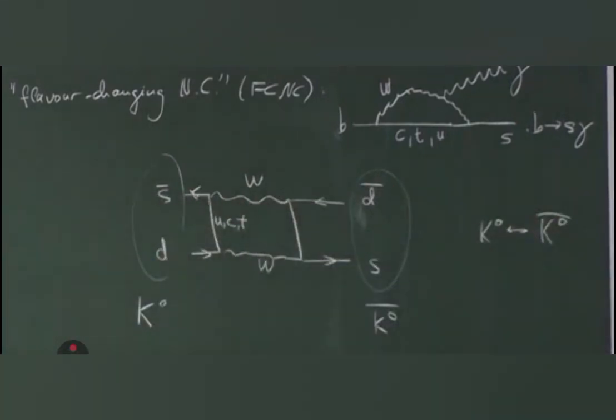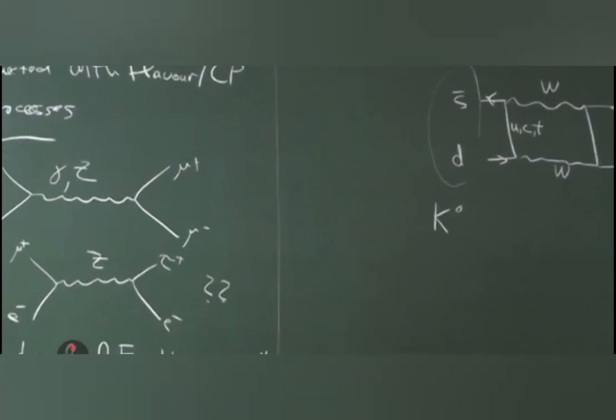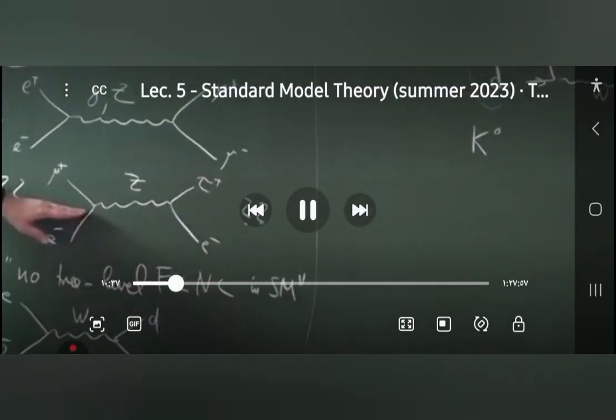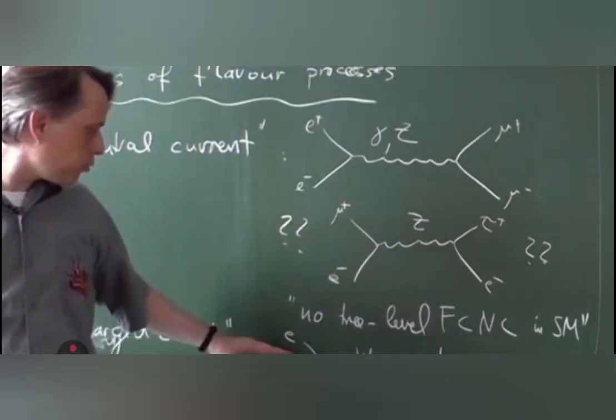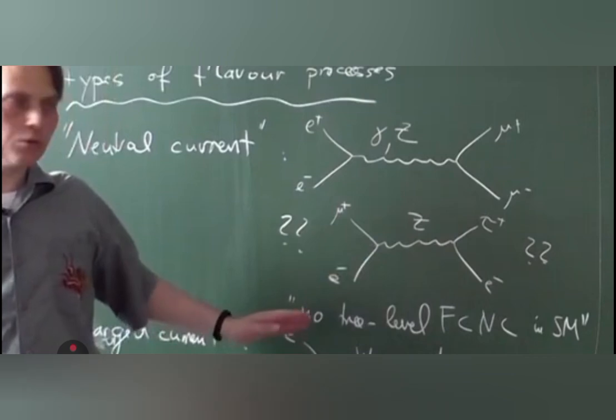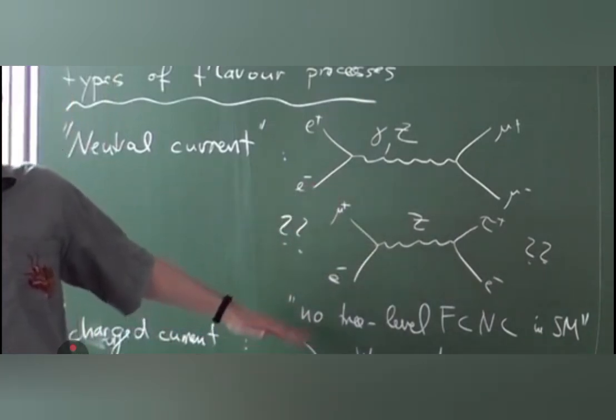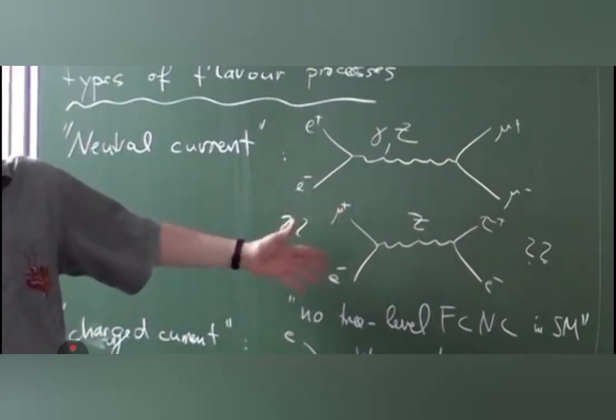Okay, so this is a class of 3 different classes of processes involving flavor. And you see already something important, namely the Z boson does not change flavor. The W boson changes flavor, and we need to understand why that is, whether it must be like this or whether it could be changed.